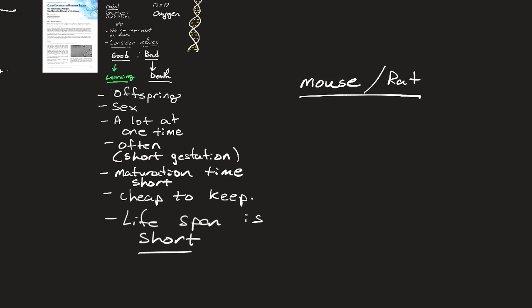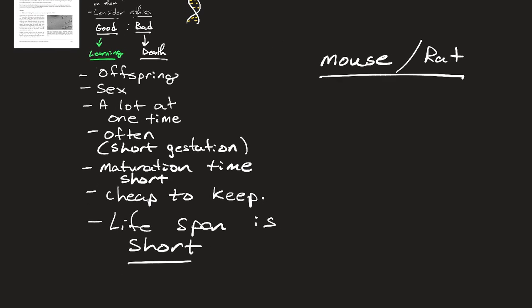To see generation after generation after generation. But we don't have to wait with fruit flies. So it's very similar with rats and mice. It's obviously a little longer than fruit flies, but these are why we choose mice and rats.